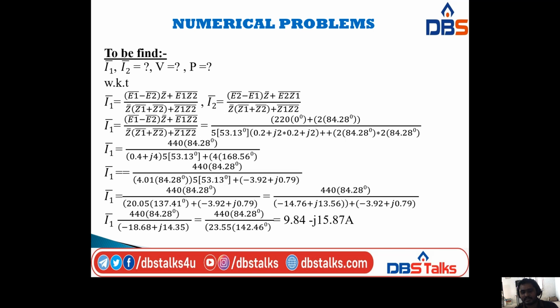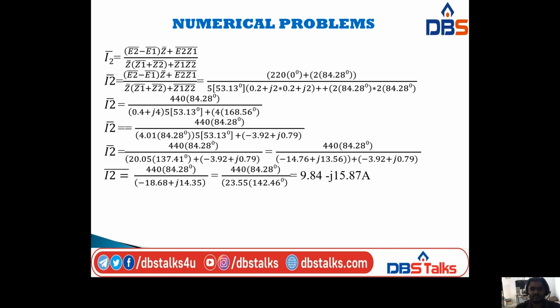Finally we have the I1 value, that is 9.84 minus J15.87 amperes. This is I1 value, and I2 value is, so I2 bar is equal to (E2 bar minus E1 bar) into Z bar plus E2 bar into Z1 bar, by Z bar of (Z1 bar plus Z2 bar) plus Z1 bar into Z2 bar.